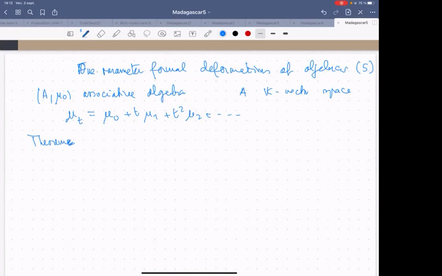Theorem. Let mu t be a deformation of A mu0.